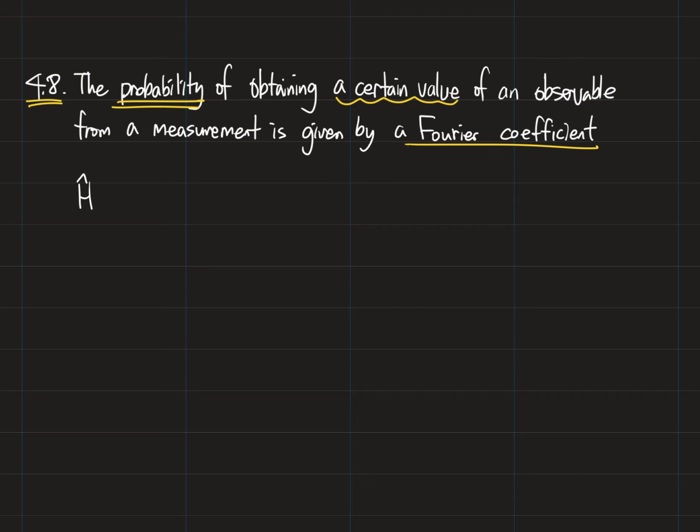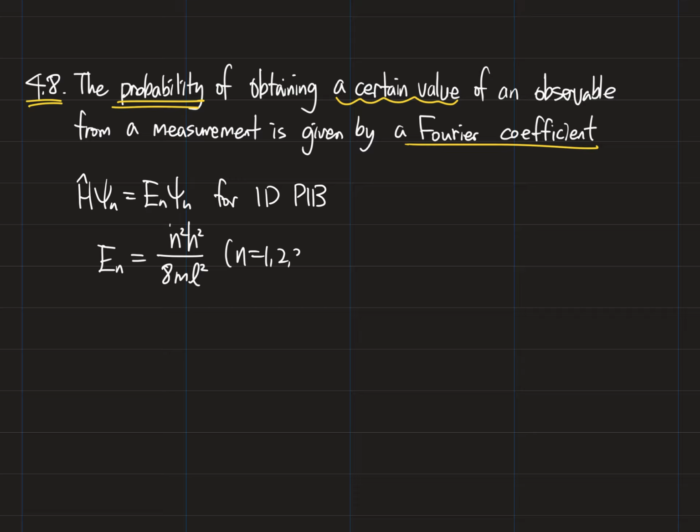So if you have the eigenvalue equation for a one-dimensional particle in a box, then whenever you measure the energy of that system, that is always one of the eigenvalues, right? But if the system isn't in a single pure eigenstate, like a combination of many eigenfunctions, how do we know which eigenvalue we will get?